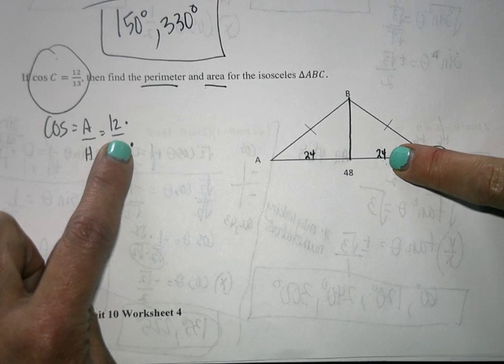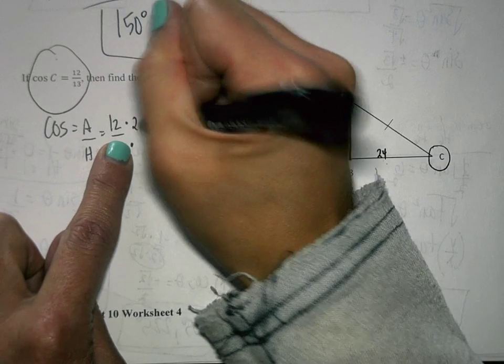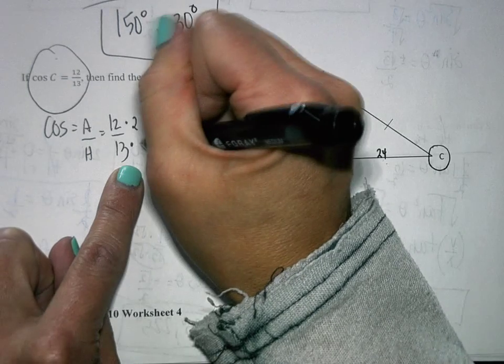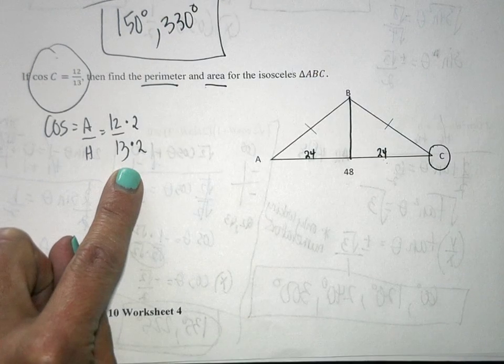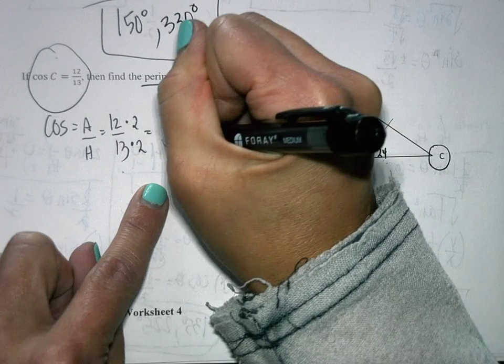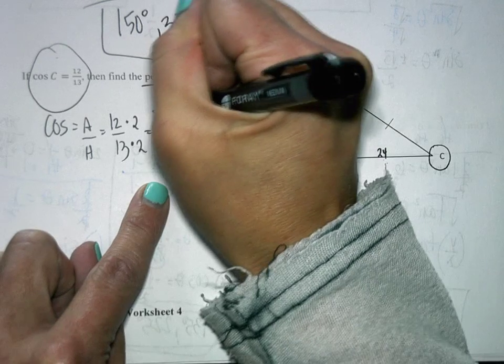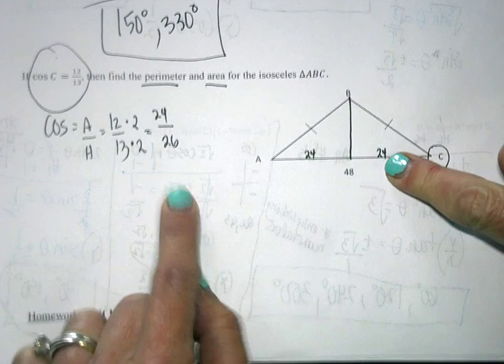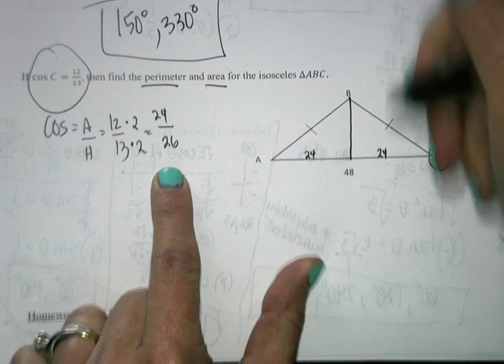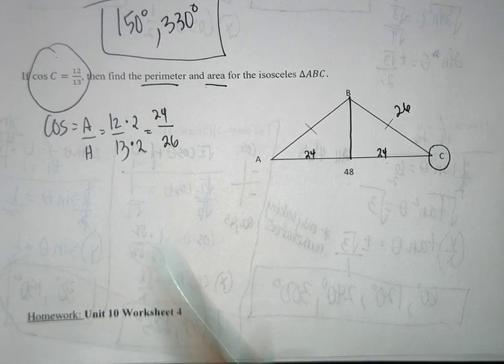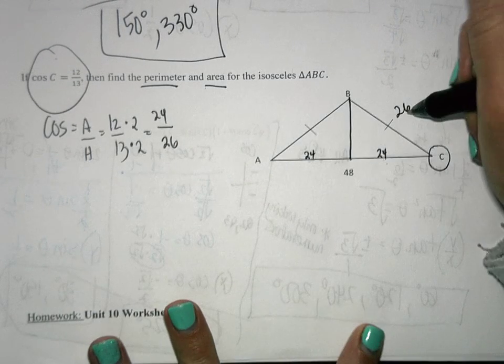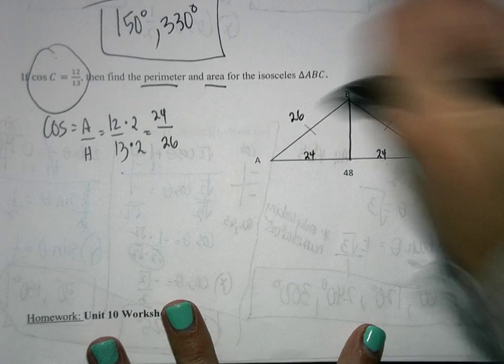Okay, you would multiply by 2. So therefore, for the hypotenuse, we have to multiply 13 by 2, which makes 26. So adjacent over hypotenuse, so 24 over 26. So that works out. And if this is 26, then we know this is 26, which works out great.